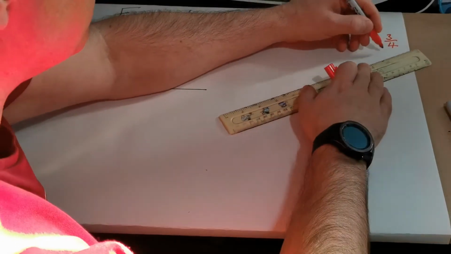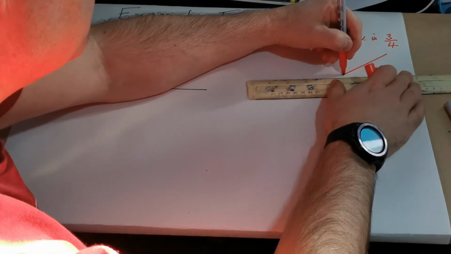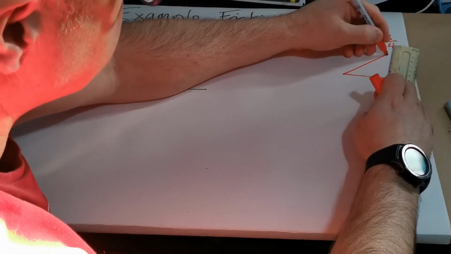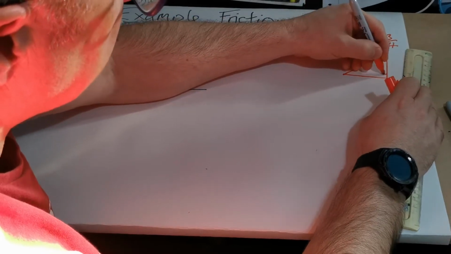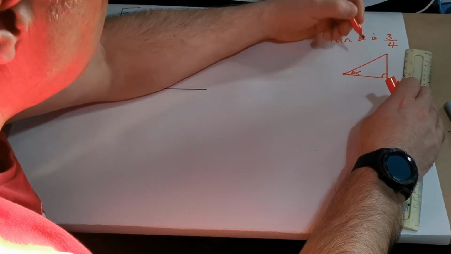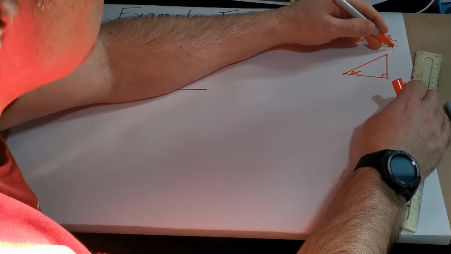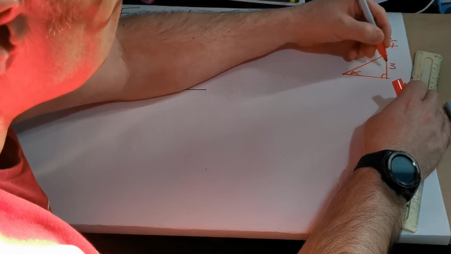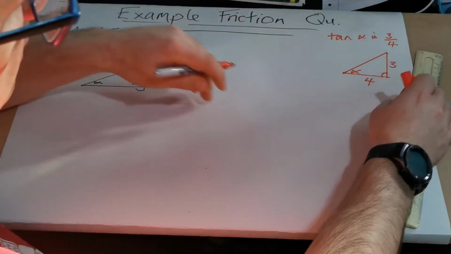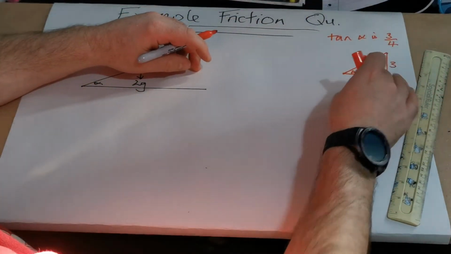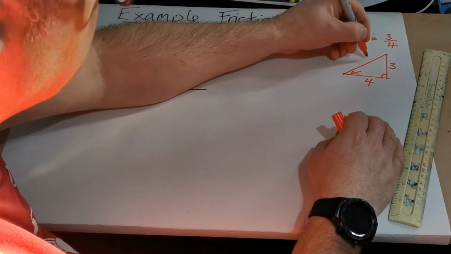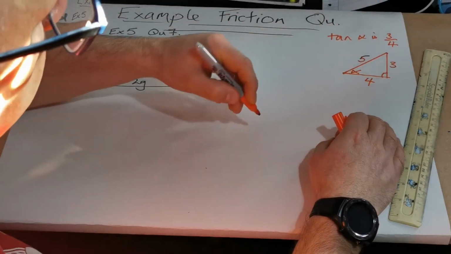Now if you think about what that could have meant, if this was alpha here, I know tan is opposite over adjacent. If I've got these two sides, I would know then Pythagorean triple, a 3, 4, 5 triangle.